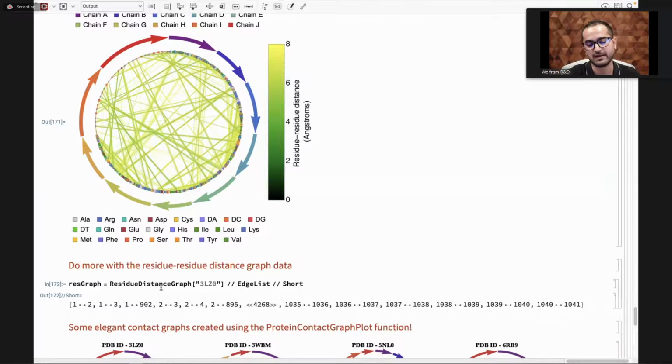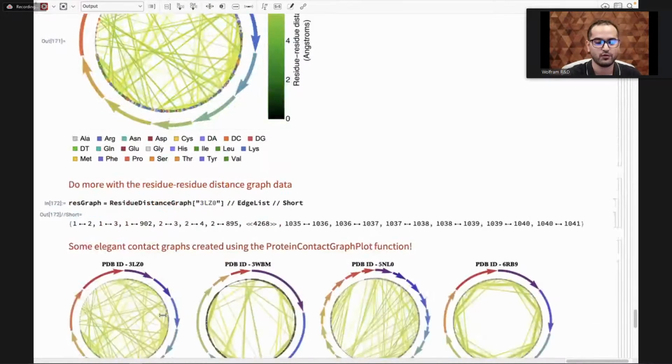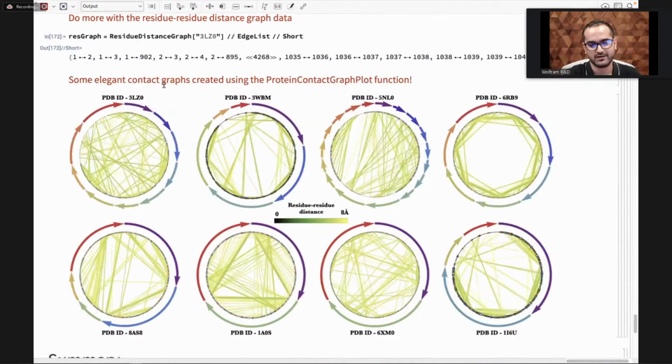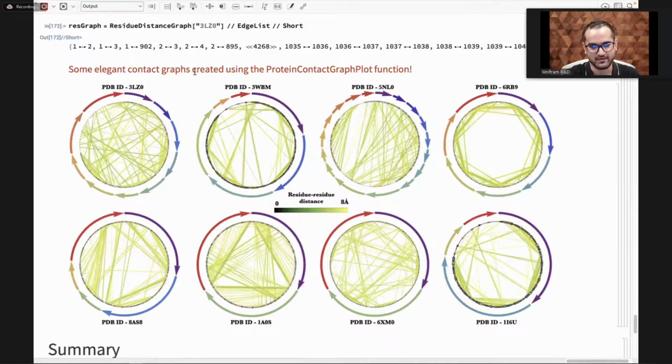Combining this with the residue distance matrix function, you can generate your own graph, because the residue distance matrix function will tell you the specific distance between this and this residue here. So these are some of the elegant contact maps, contact graphs I found using this function.